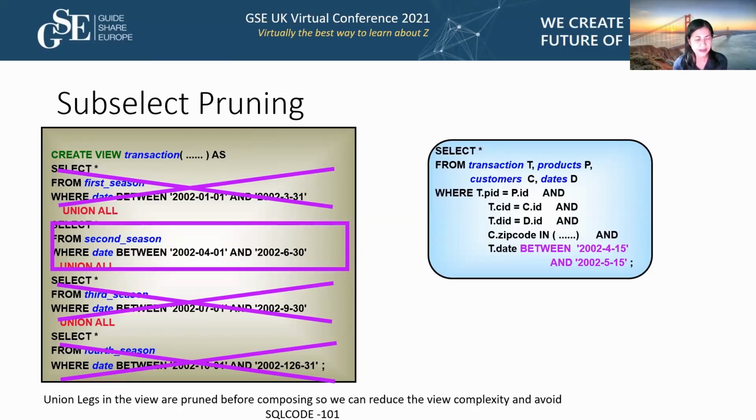This is very handy because it reduces the complexity of the view, and sometimes it can help us avoid SQL code -101, because by pruning the unused subselects, we can reduce the data, the storage, or the size of the Db2 internal data structure.